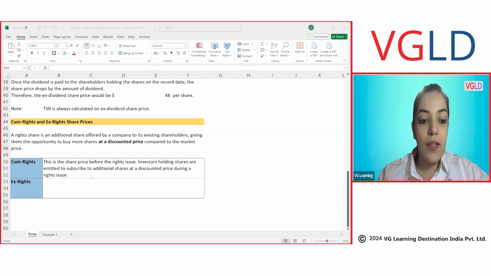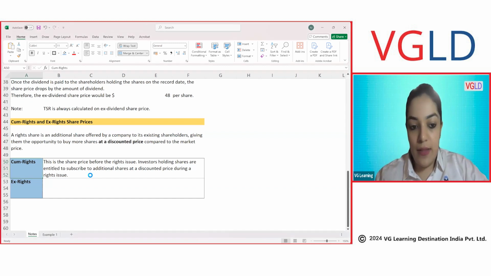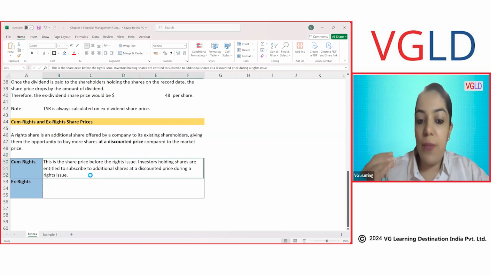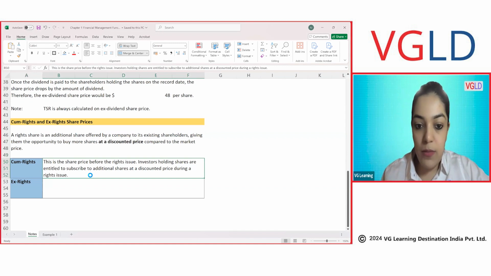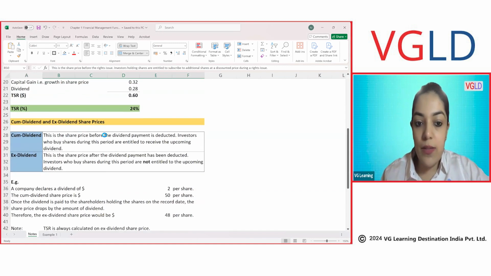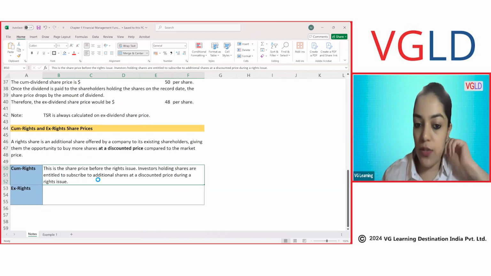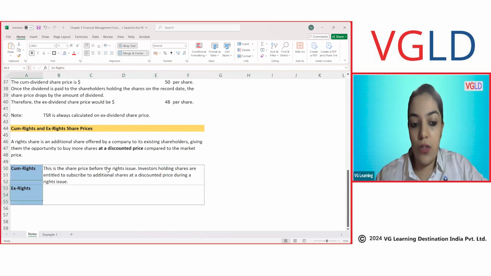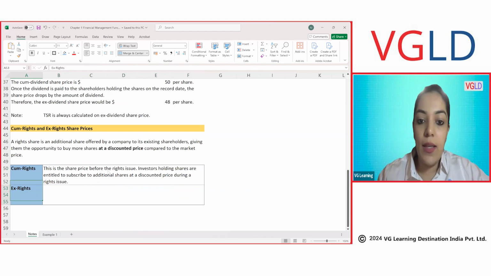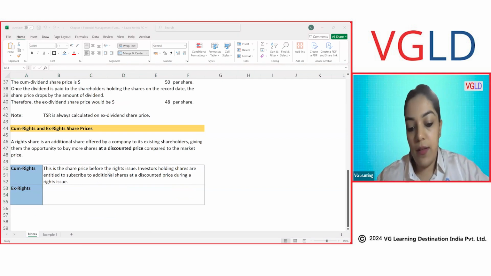Okay? All right, so this is cum rights. Now, this is the share price before the rights issue, similar to here. This is the share price before the dividend payment is deducted. Investors holding shares are entitled to subscribe to additional shares at a discounted price during a rights issue. Okay? And similarly, what would be ex rights?